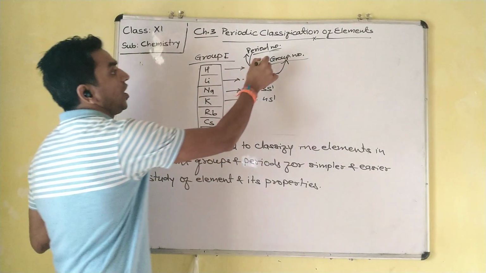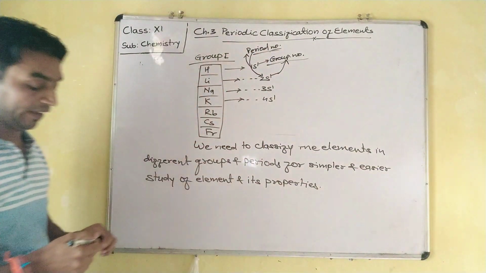Because all the elements have a similar outer electronic configuration, they have similar properties.